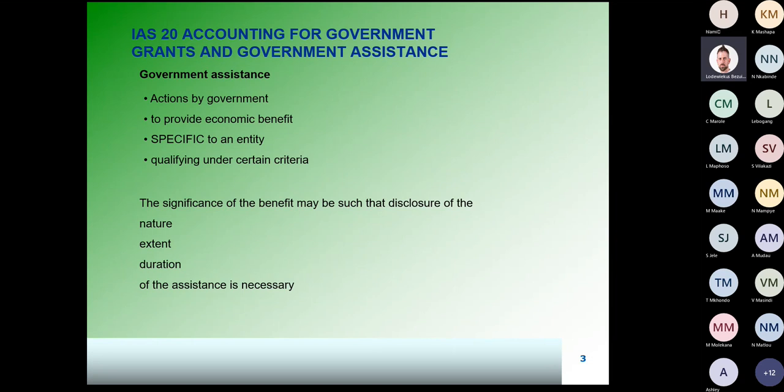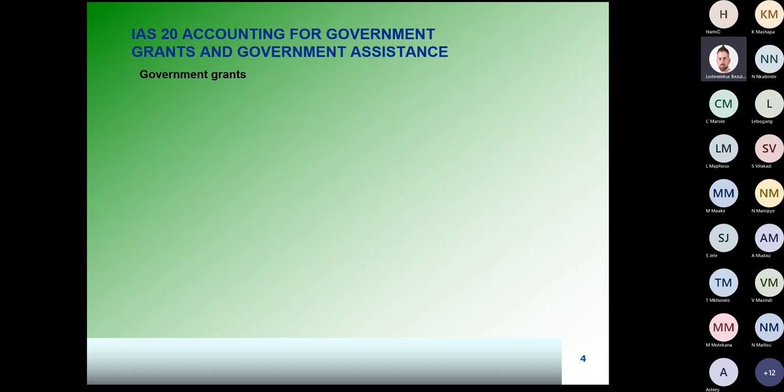And the duration is 3 years, 5 years, whatever. And we disclose in a financial statement that government has provided us with some assistance to do something in terms of this government agreement that we have with them. All right, so government assistance is very easy. There's no calculations. It's only the disclosure of the information.